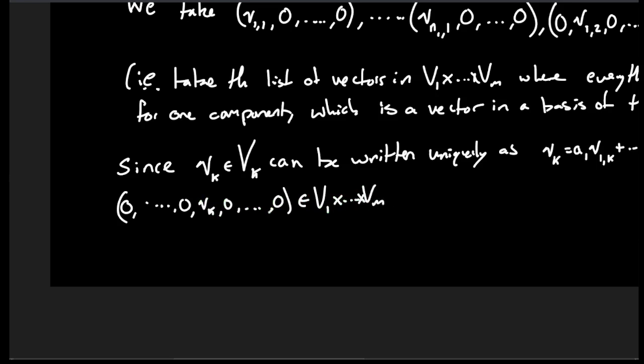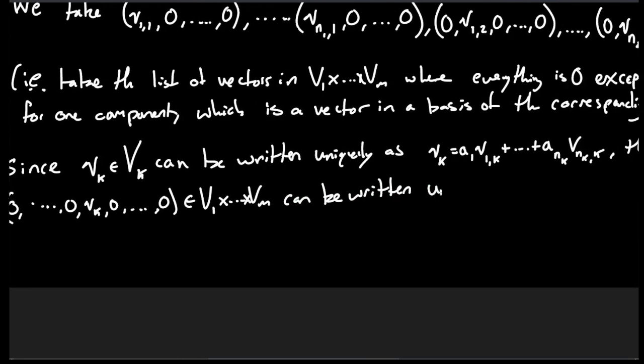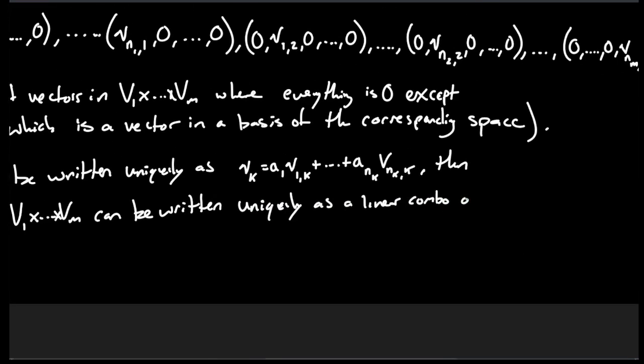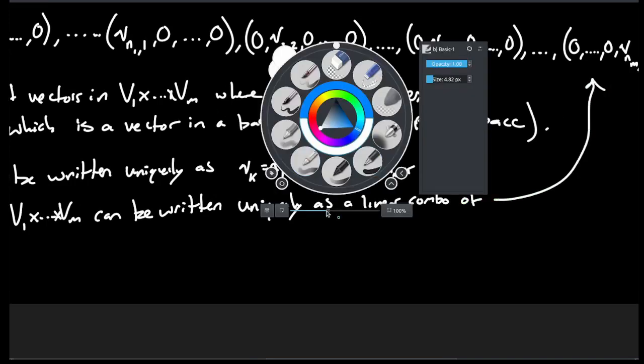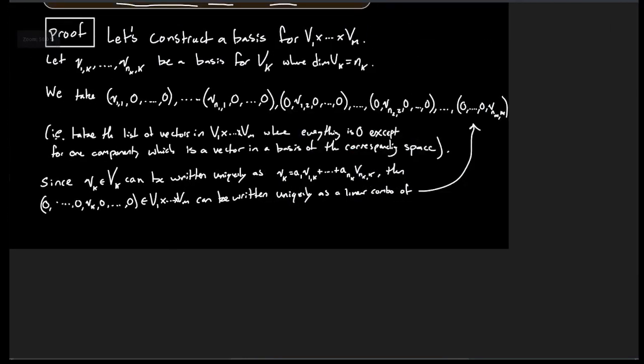So that is, take the corresponding element in the product, which has that vector only, can be written as a linear combo of, and I'm just going to draw an arrow, of this whole big thing right here.